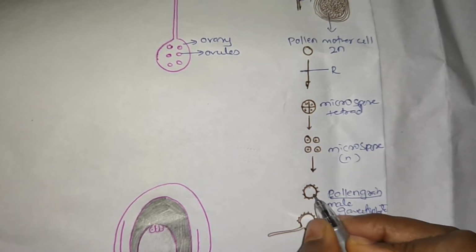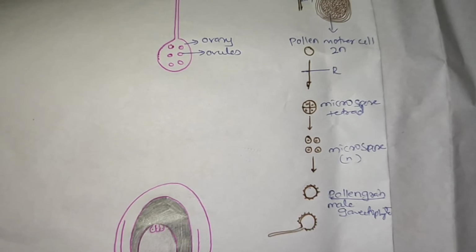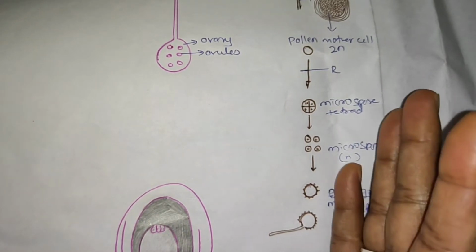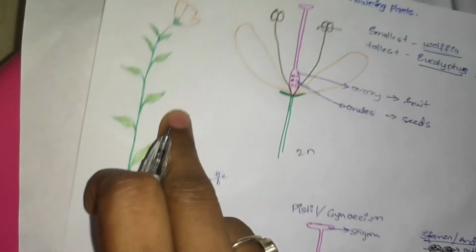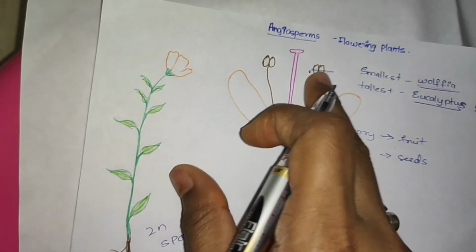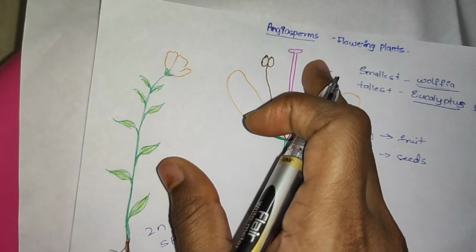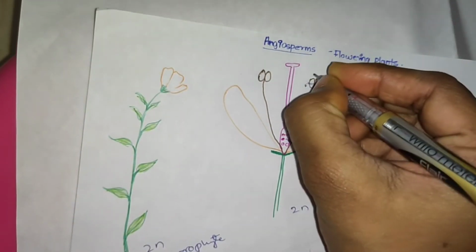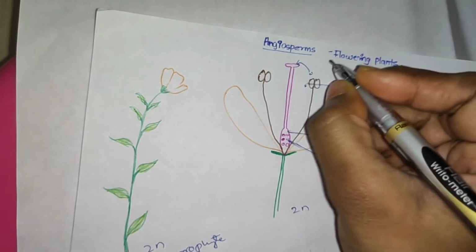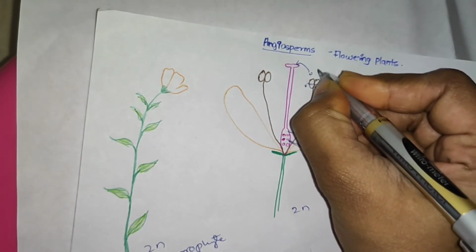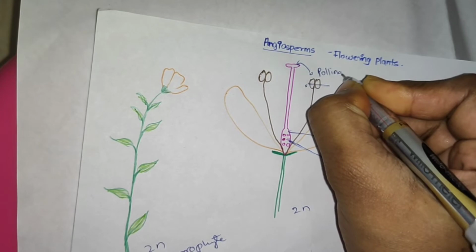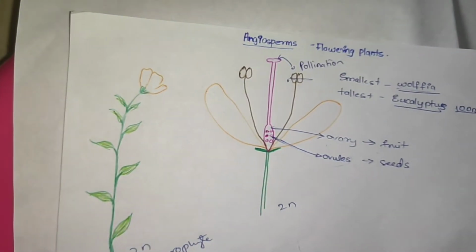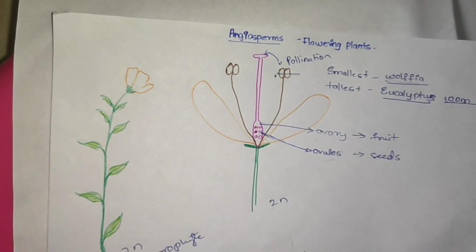Here, pollen grains are called male gametophytes, which are not free living. They are dependent on the sporophytic plant body, and when the anther releases pollen grains with the help of wind or some other agent, they reach the stigma of the pistil. We call this process pollination.